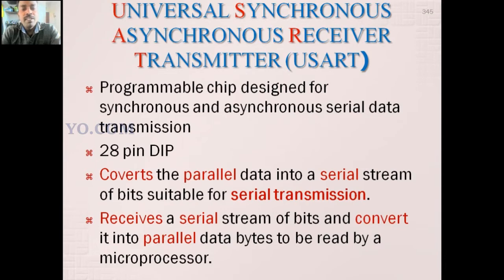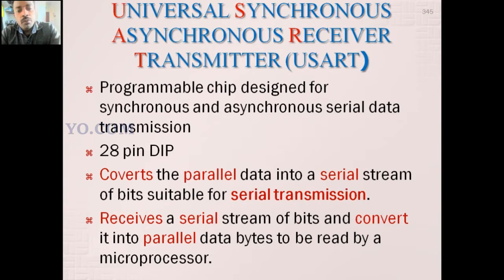Receiver transmitter: it acts as a receiver and it acts as a transmitter. So this device 8251 is a universal synchronous asynchronous receiver transmitter, also called USART.